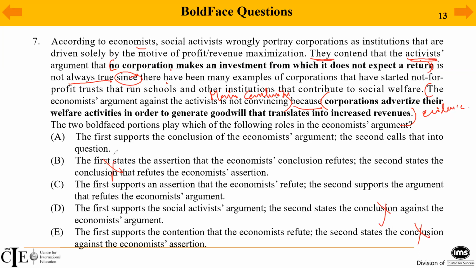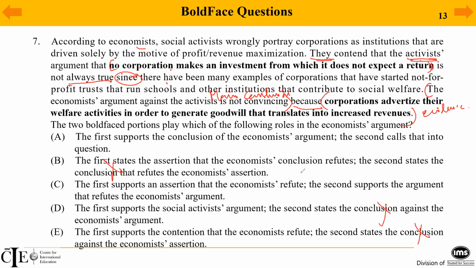If you read carefully A and C, C should be our answer. Because see, what is it saying very clearly? The first supports an assertion that the economists refute. So what is it that the economists are refuting? That no corporation makes an investment from which it does not expect a return.